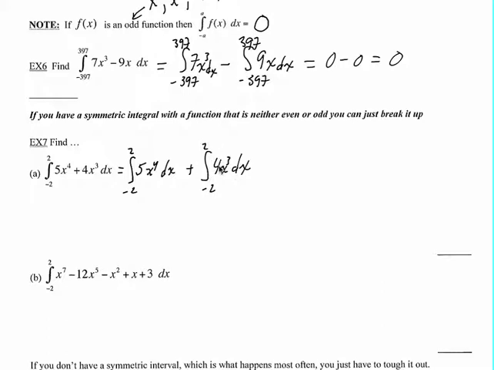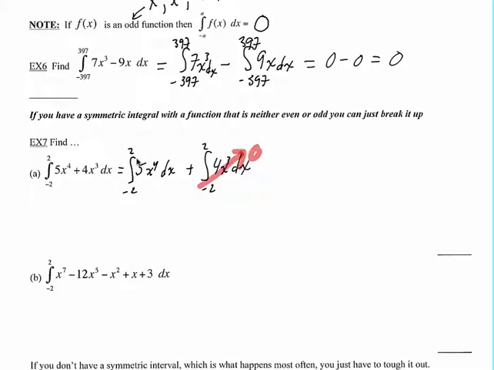This second one is an odd function, and we're symmetric about the y-axis, so this is simply going to become 0. Then this integral here is an even integral, so we don't need to go from negative 2 to 2, we can simply go from 0 to 2.